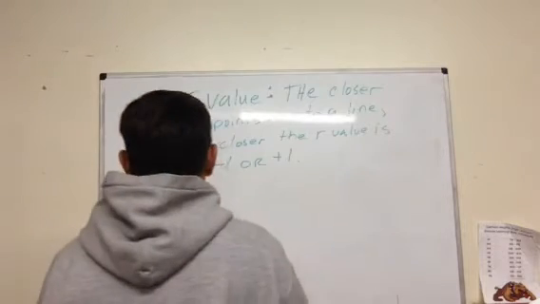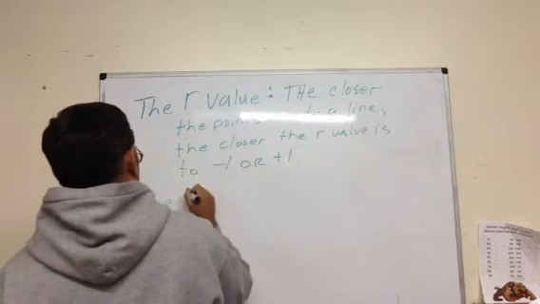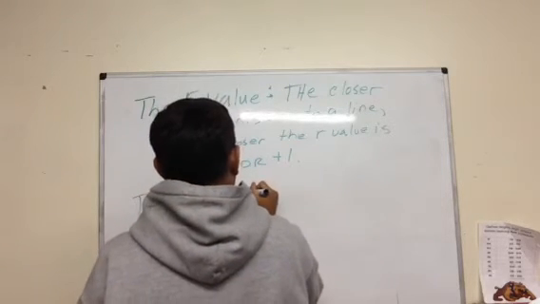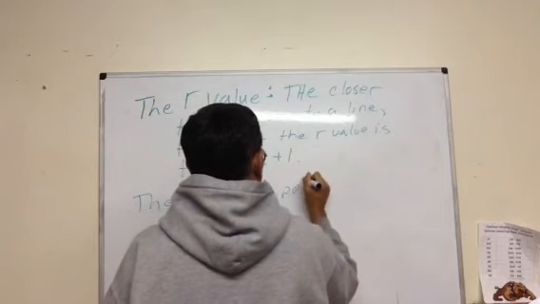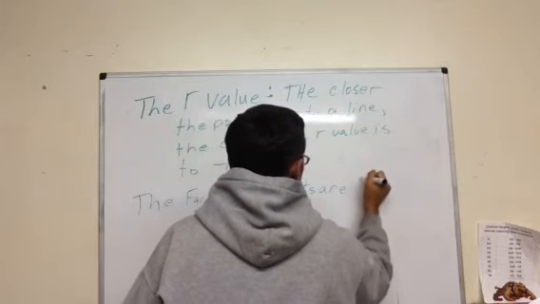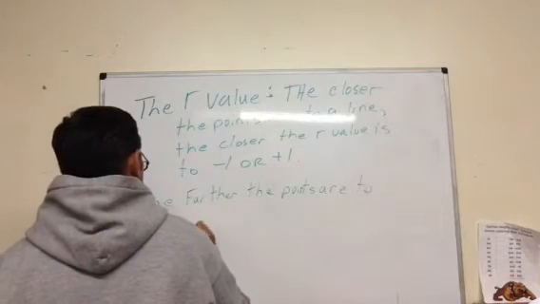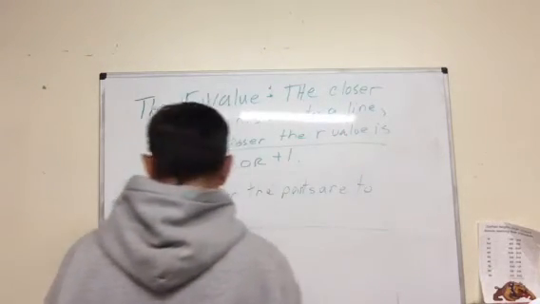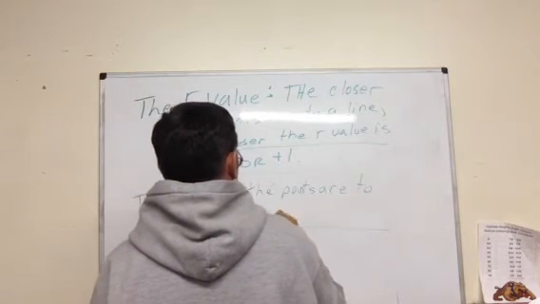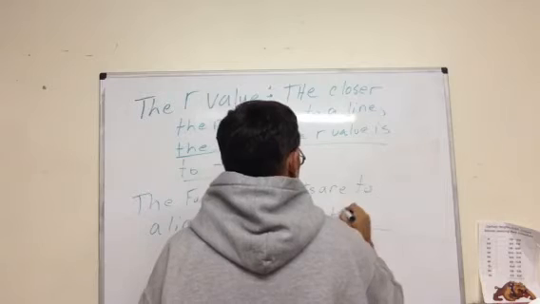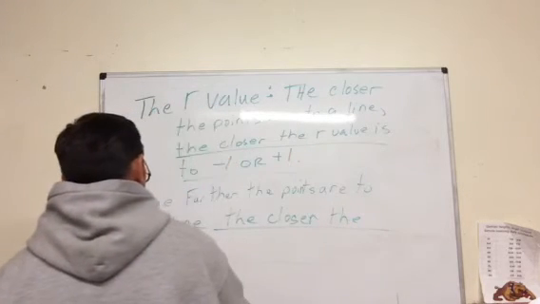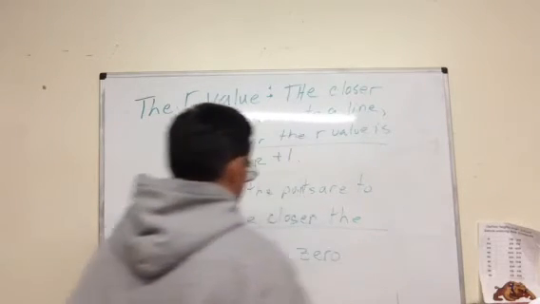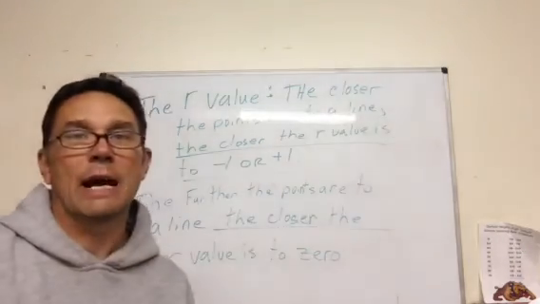Now, the farther the points are to a line, so you want to fill in that part, the closer the R value is to 0. So you want to make sure you have that down and copy that down.